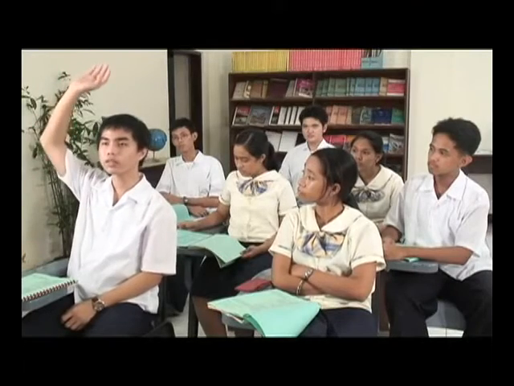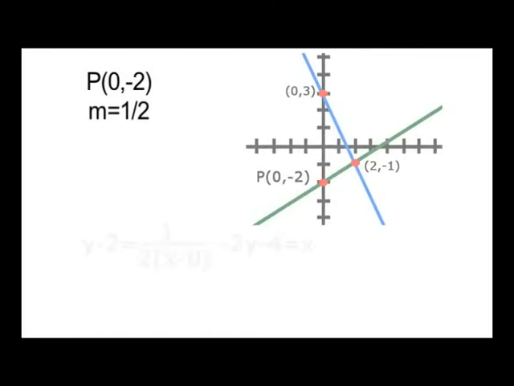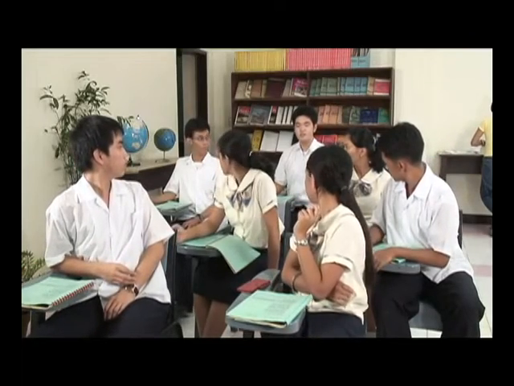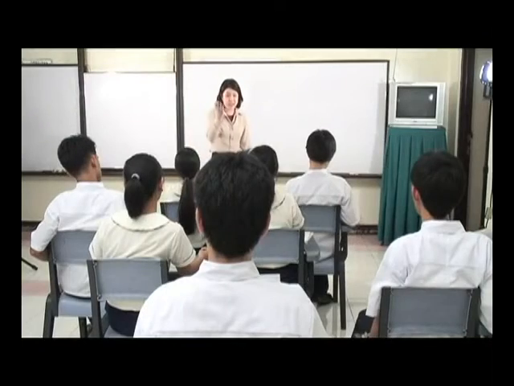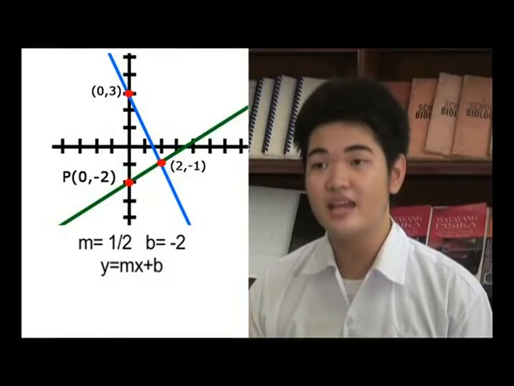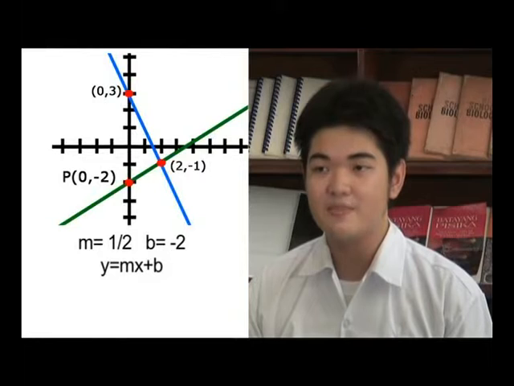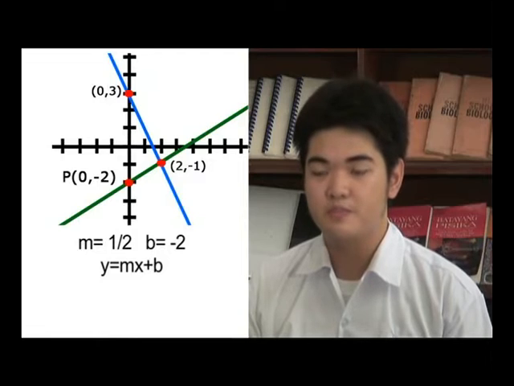I want to try it. Go ahead then. The line has the equation x minus 2y plus 4 equals 0 in its general form. I think we can also get the equation using the slope-intercept form. Why do you say that? Since the line intersects the y-axis at 0, negative 2, the y-intercept is negative 2, and we can use the slope-intercept form, y equals mx plus b.